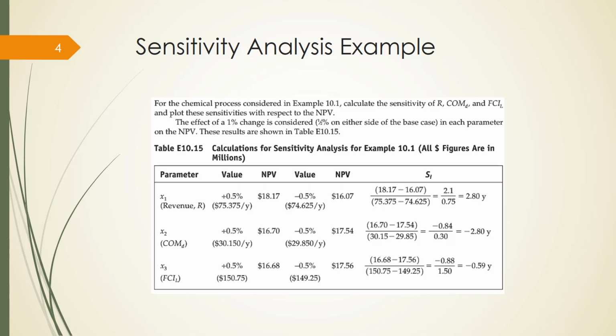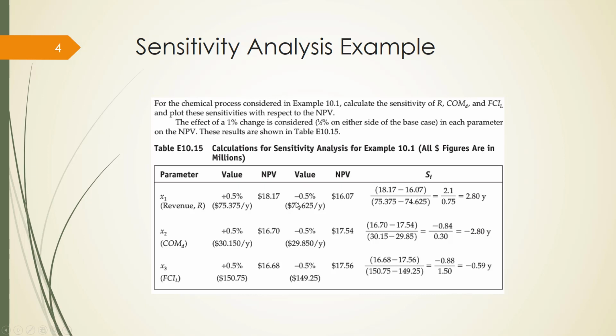So in this example they look at in the textbook, they are doing a sensitivity analysis for revenue, cost of manufacturing, and fixed capital investment. They do these computations, figuring out what the change is if they increase the revenue by 0.5%. And the change to the net present value, or the new net present value, is 18.17.